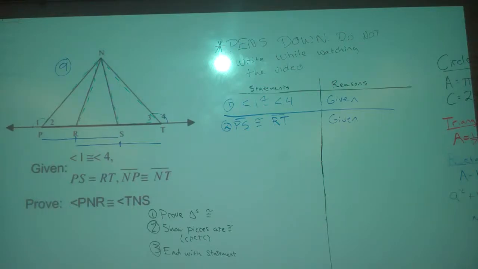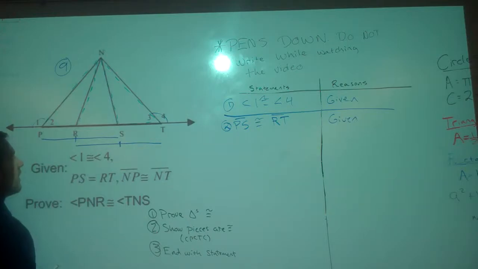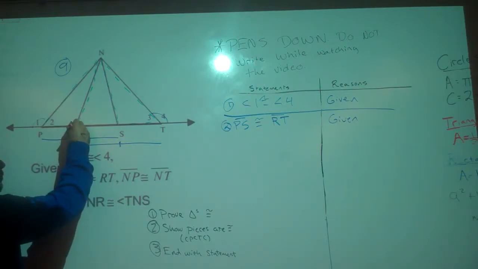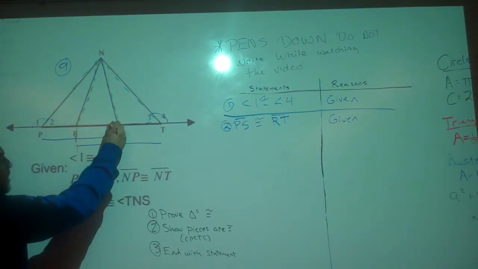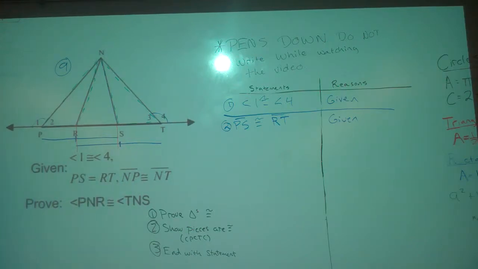The good news is that I can actually subtract or take away the piece that I do not want from both, RS. I would like to emphasize at this time that I can only use the subtraction postulate if I know that the pieces I'm taking away are the same length as one another.